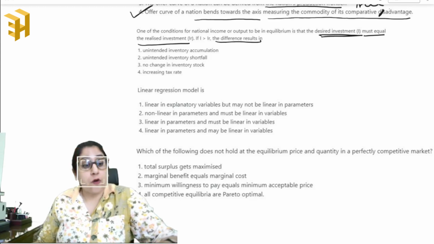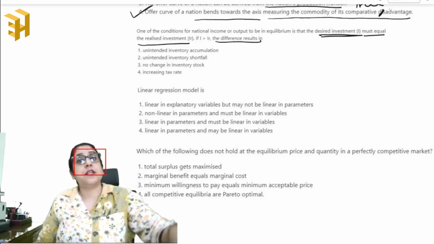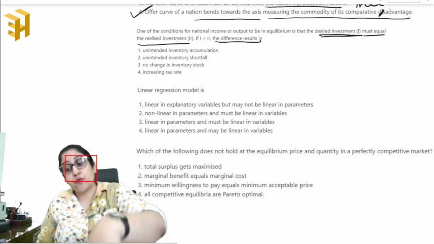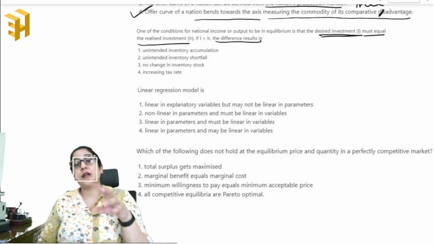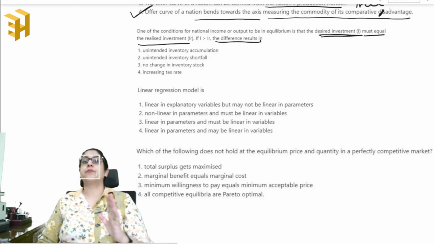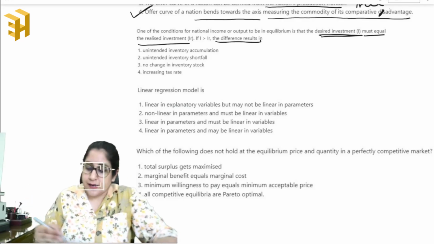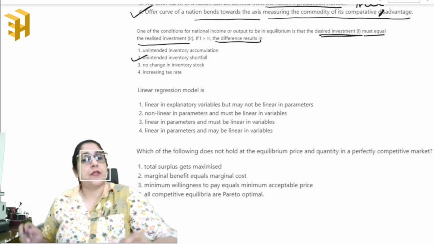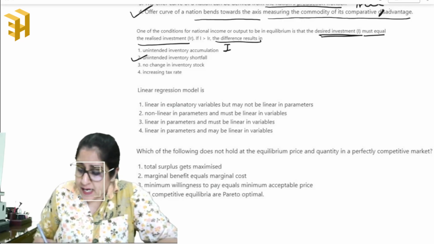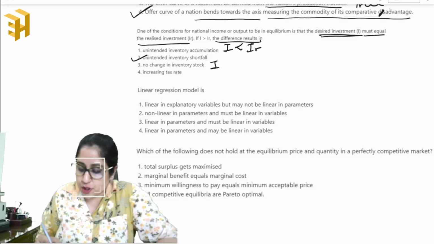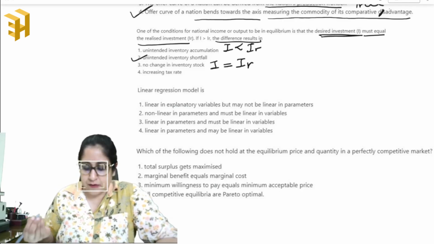So the amount of output that you require is more and the output that you're actually producing is less. As a result, there will be a deficiency created. Hence, it will be 2. There will be a shortfall. First implies that desired is less than your realized investment. No changes: desired is equal to the realized investment.